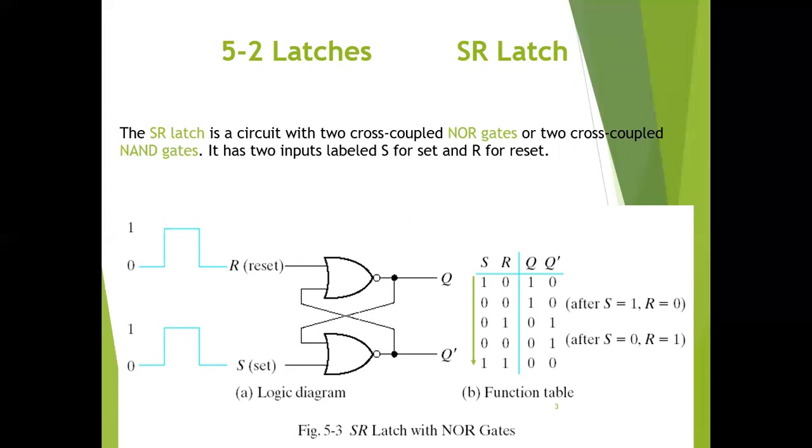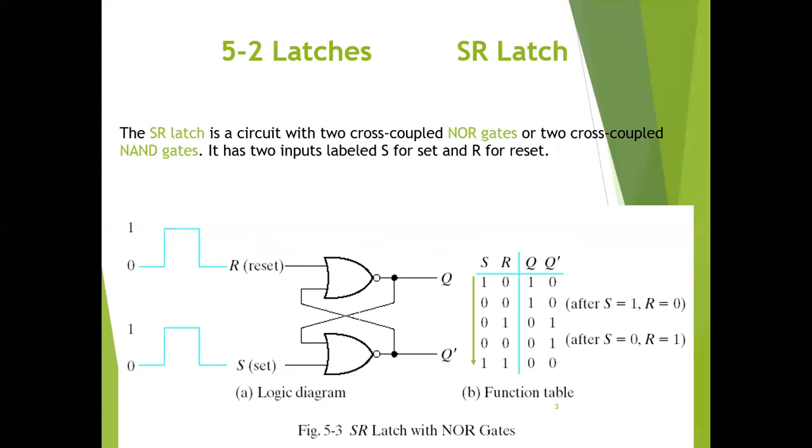So we can say that the outputs of these latches define the state of the latches: when output Q is 1 and Q prime is 0, the latch is said to be in the set state. And when Q is 0 and Q prime is 1, then the latch is in the reset state. And outputs Q and Q prime are normally the complement of each other.